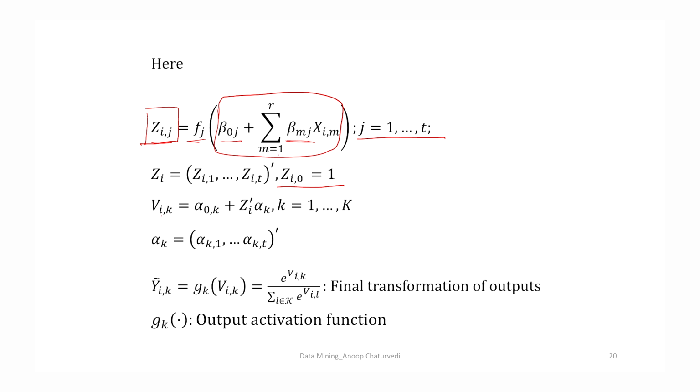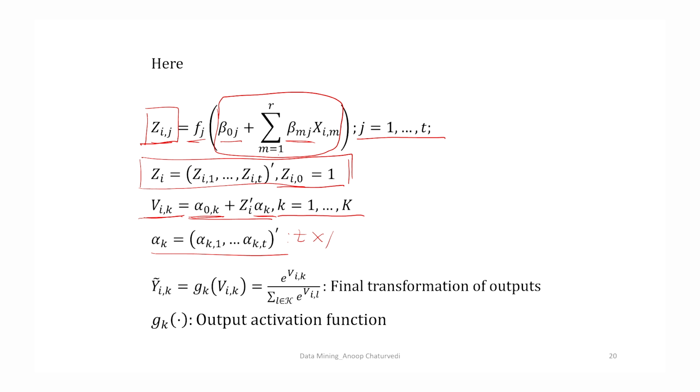And then we define v_ik equal to alpha naught k plus z_i transpose alpha_k. So, we combine the values z_i of the hidden layer, and we use the weights alpha_k, and then this is the bias term, and ultimately we get v_ik for all k equal to 1 to capital K. Alpha_k is equal to (alpha_k1, alpha_k2, and so on up to alpha_kt) transpose, so this is a t cross 1 vector.